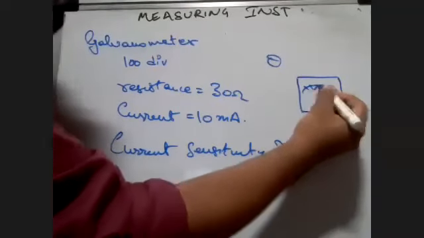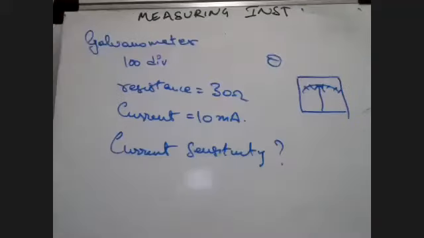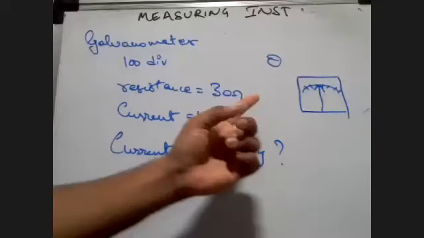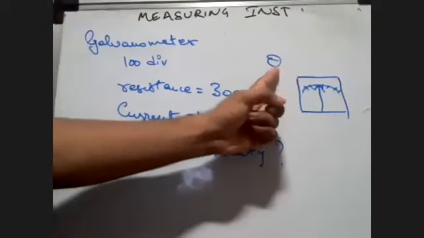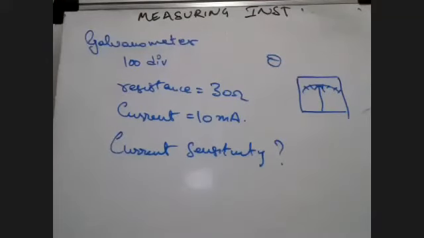The scale has 100 divisions. So you can take theta to be equal to 100 here. It's a simple question. Can you all tell me the approach?